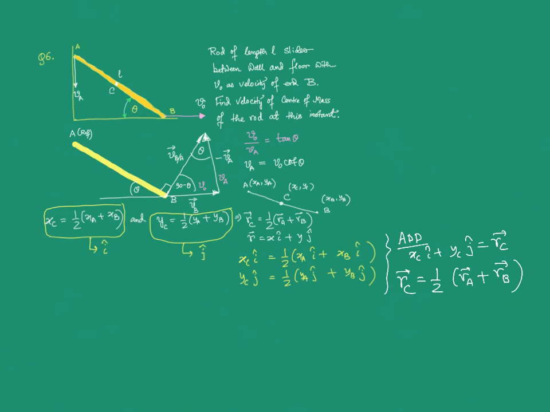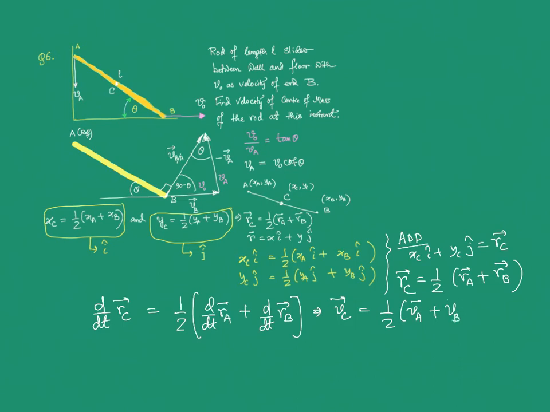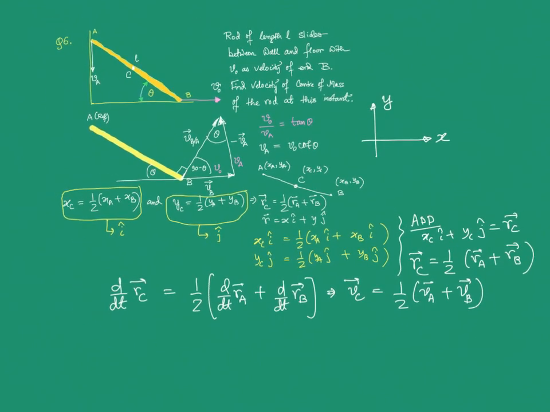So if you differentiate this, what do you get? d/dt of rc is half d/dt of ra plus d/dt of rb. Position vector, after you differentiate, you get velocity vector. So vc is equal to half of va plus vb. So if you consider the x-axis there and the y-axis there, then the velocity of b is v naught times i cap.